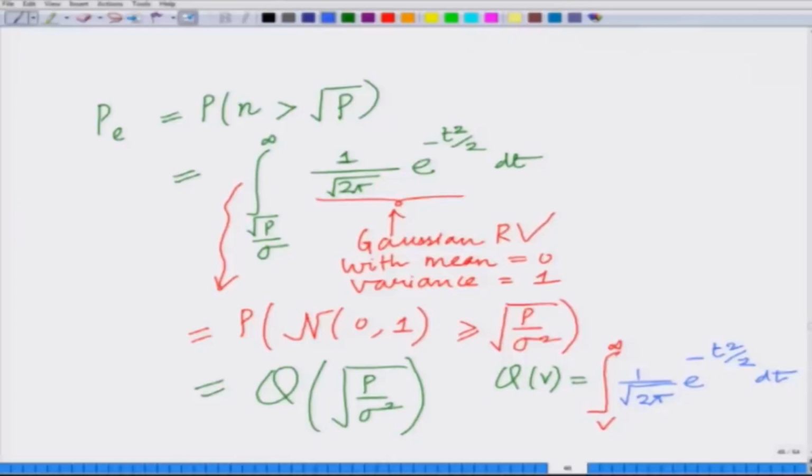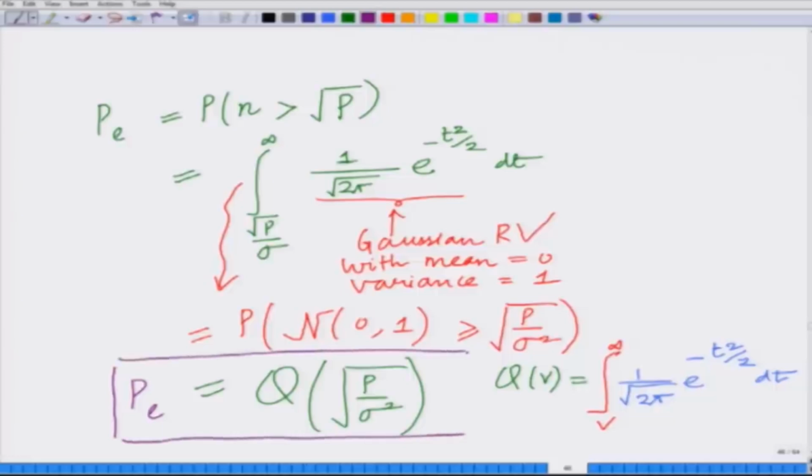So, the bit error rate of the wire line communication system, that is without multipath propagation, with only additive white Gaussian noise without any fading, is given as the probability of bit error is equal to Q of square root of P divided by sigma square.